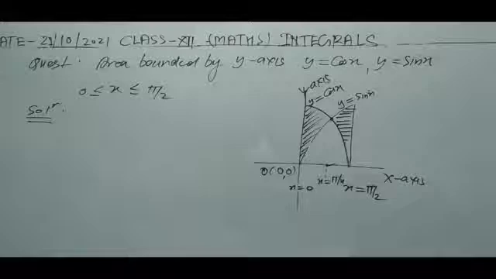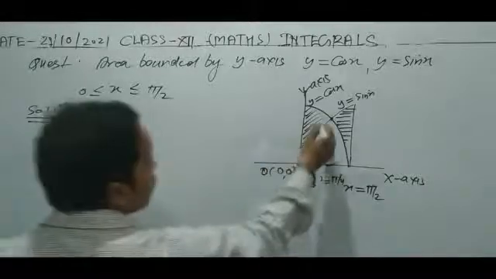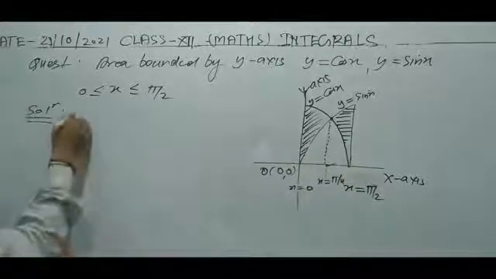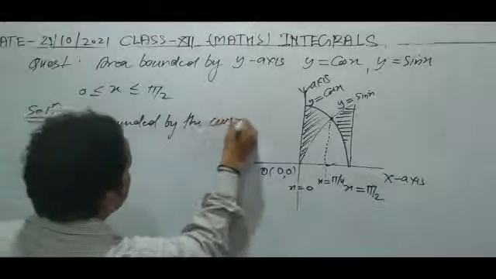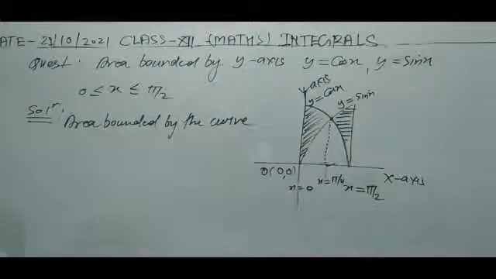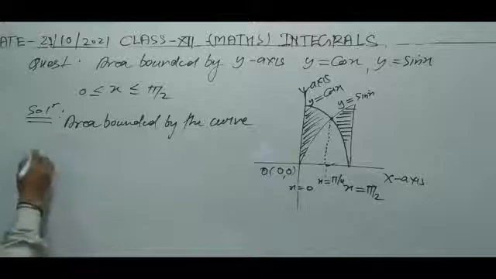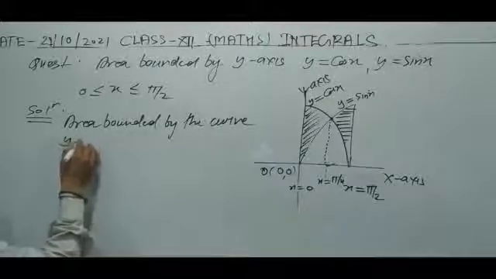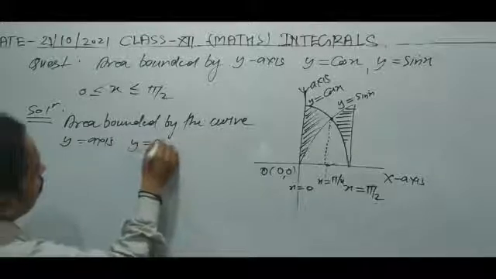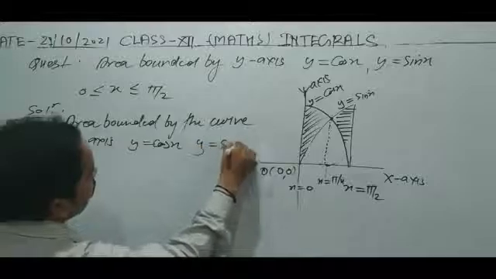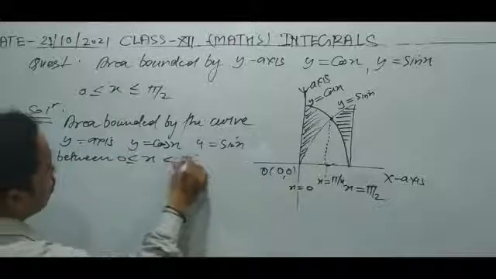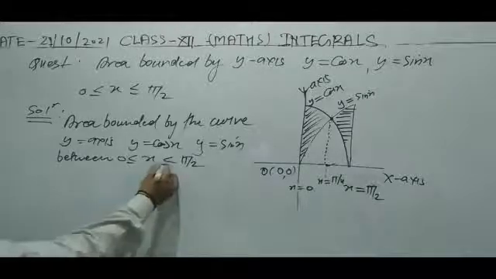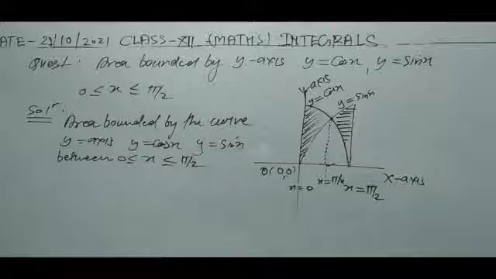So the area bounded by the curves, consider the y axis, y is equal to cos of x, y is equal to sin of x, between x greater than or equal to 0 and less than or equal to pi by 2, this area.